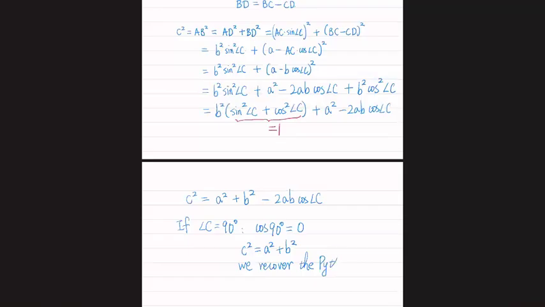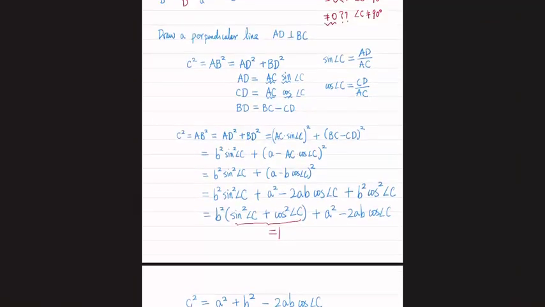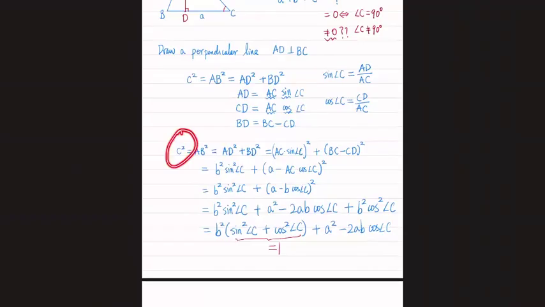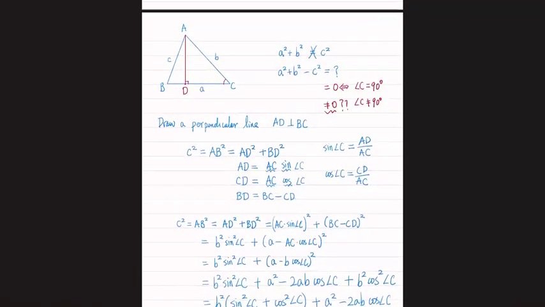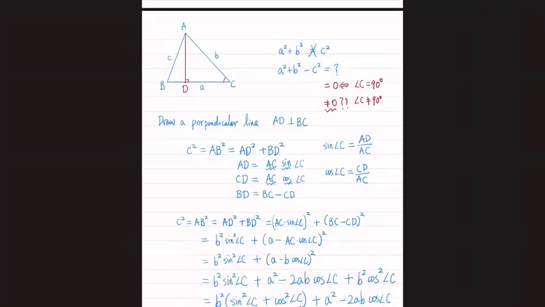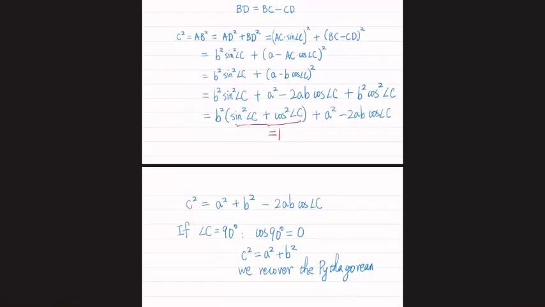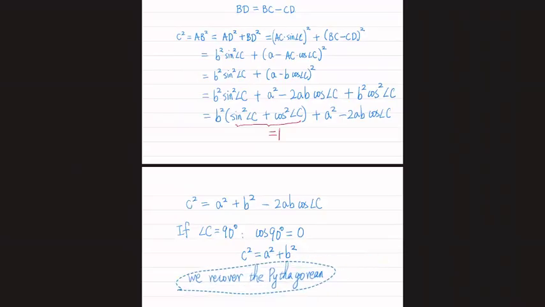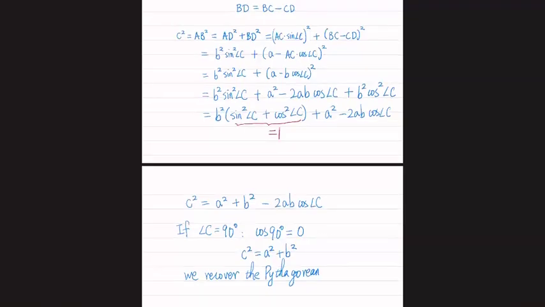Question? Yes. Where'd you get the C squared again? You mean over here? Oh, wait, no, never mind. Okay, yeah. I want you to pull it down because something doesn't. Where did that sine squared angle C plus cosine squared angle C go?